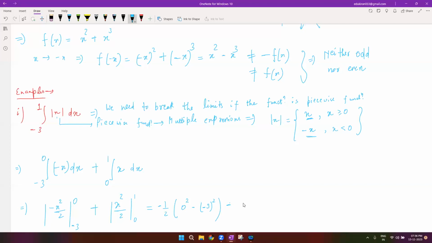So the final answer would be 9 by 2 plus 1 by 2, which is 10 by 2, that is 5. So the third property will be used in case of piecewise functions. Important.